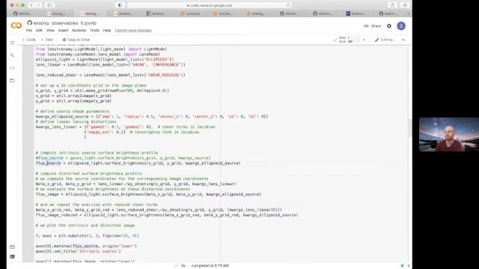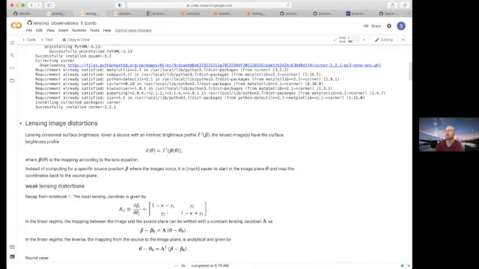First, what we do is we reshoot all the coordinates that we previously evaluated back in the source plane with the linear parameters of the lens model. And what we get is positions in the source plane. So what we get is this guy here.